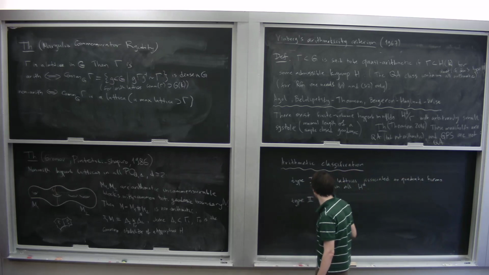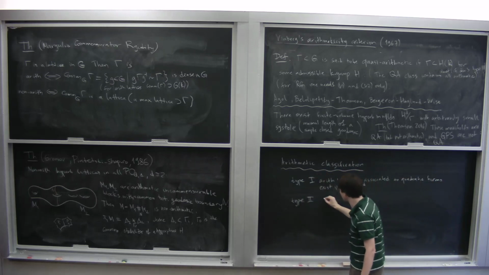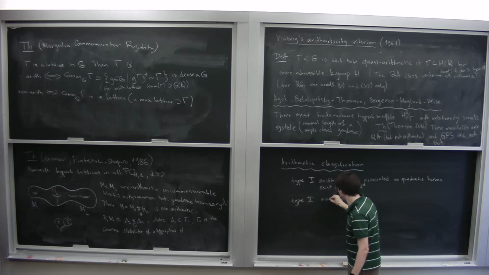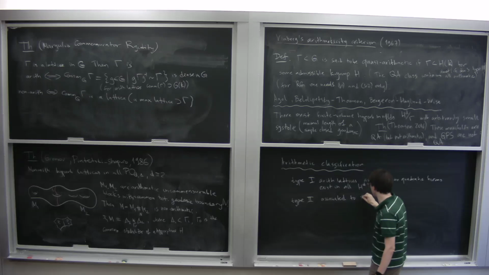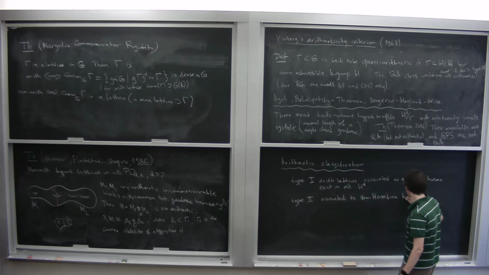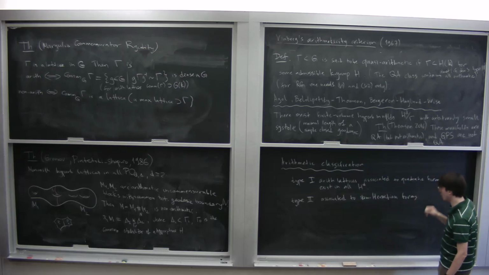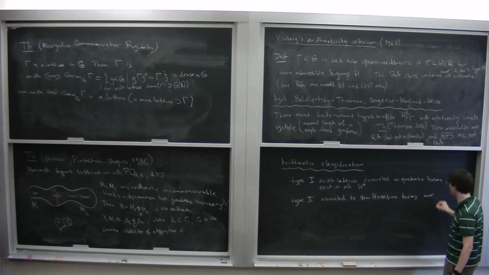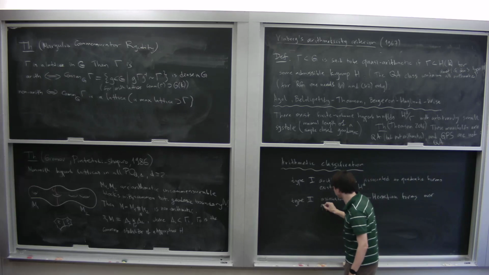We also have type 2, associated to skew-Hermitian forms over quaternion algebras.